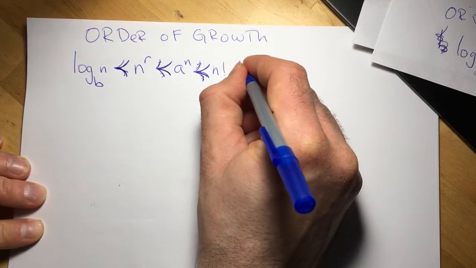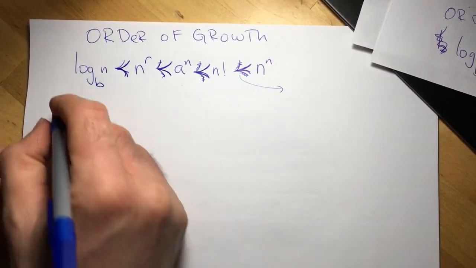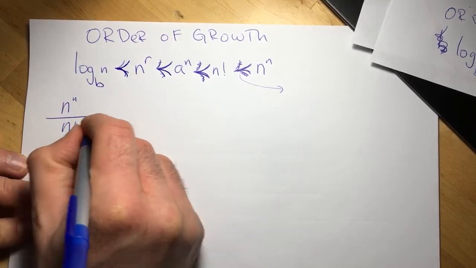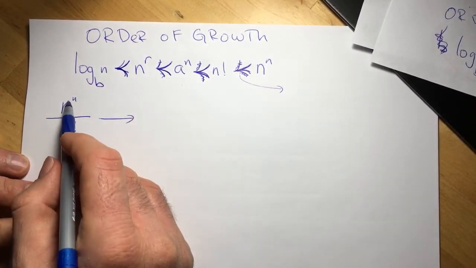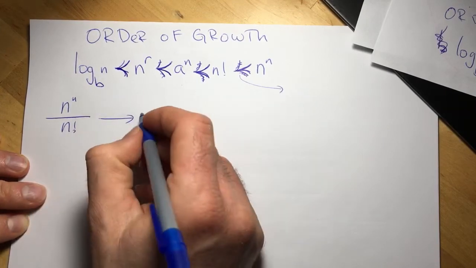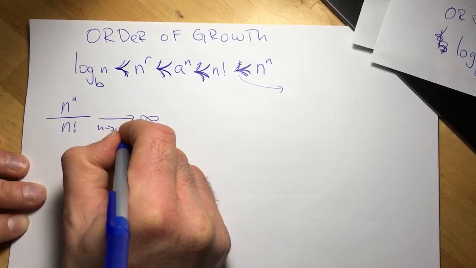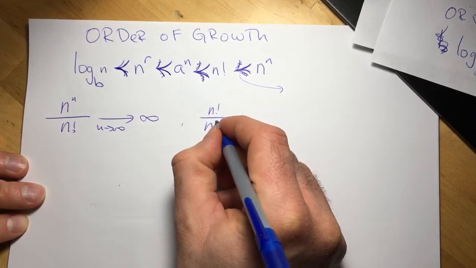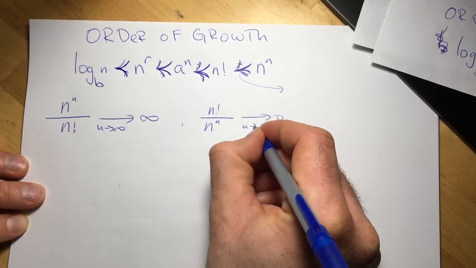Okay, so for example, if you have nⁿ, we proved this over n factorial, because nⁿ goes to infinity much faster than n factorial. This ratio will go to infinity, and logically this will go to 0 as n goes to infinity.